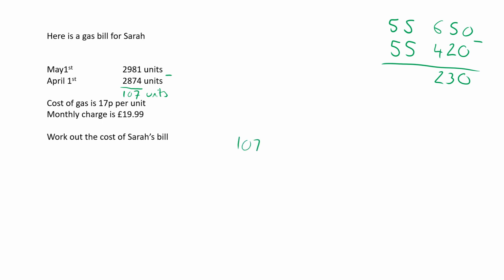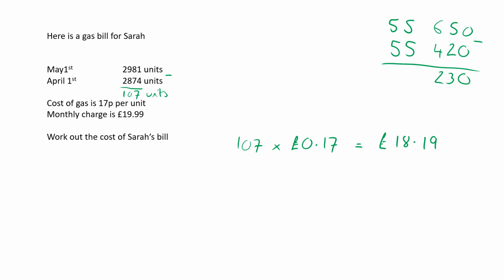We've got 107 units, and it's 17p a unit, but I'm going to write 17p in pounds, so that's 0.17. Let's do that multiplication, again using the calculator. It looks like this is £18.19, and that's the cost for the energy used.